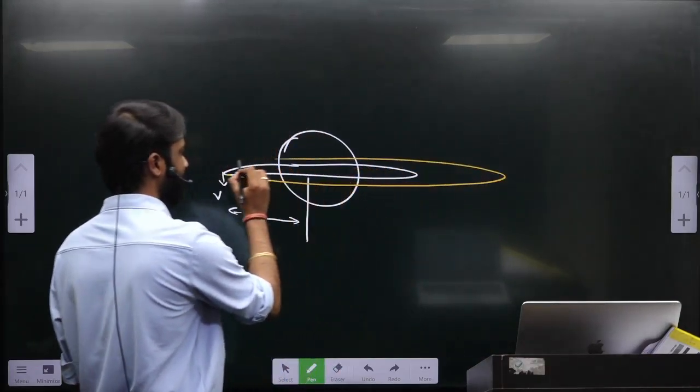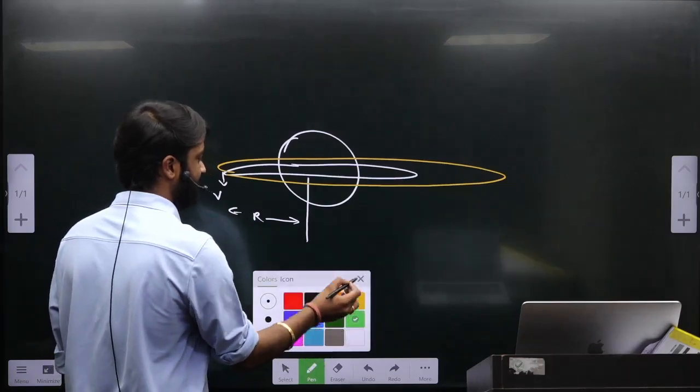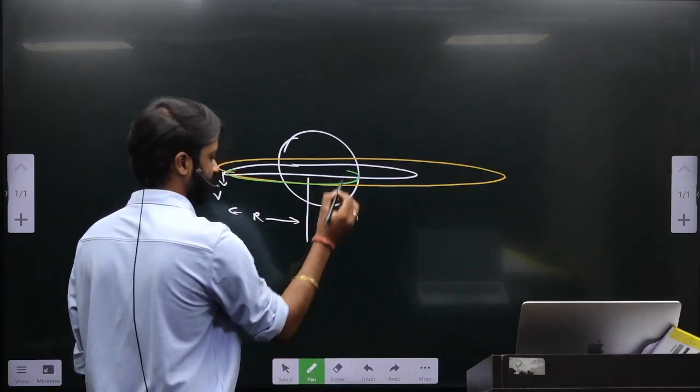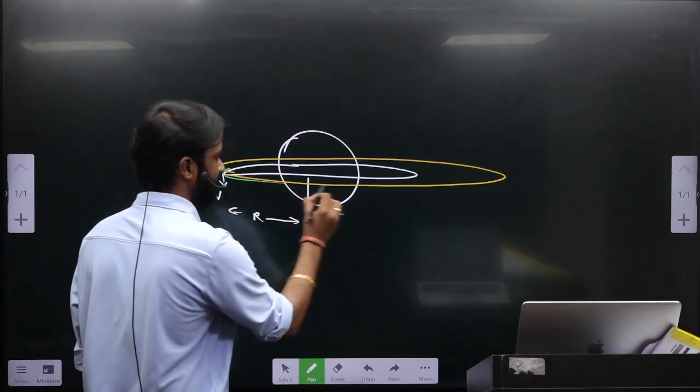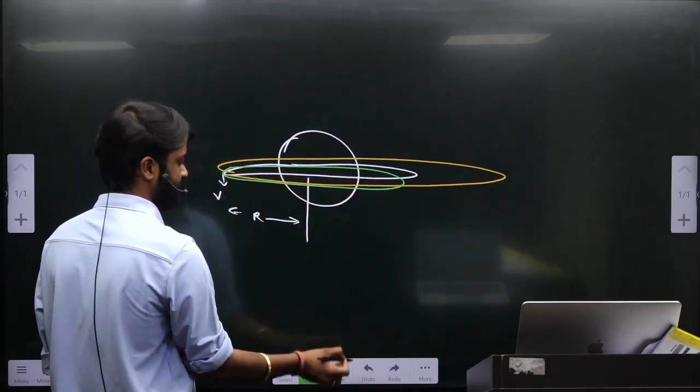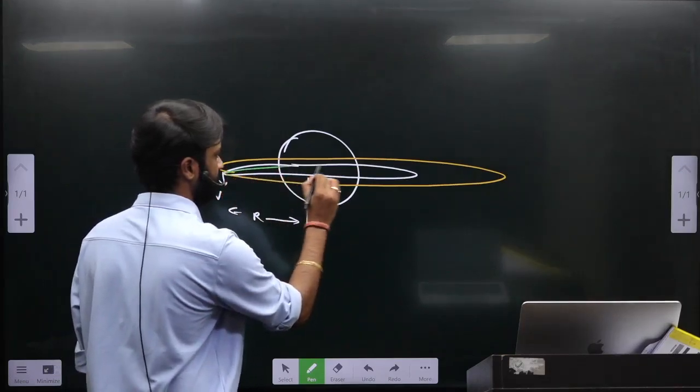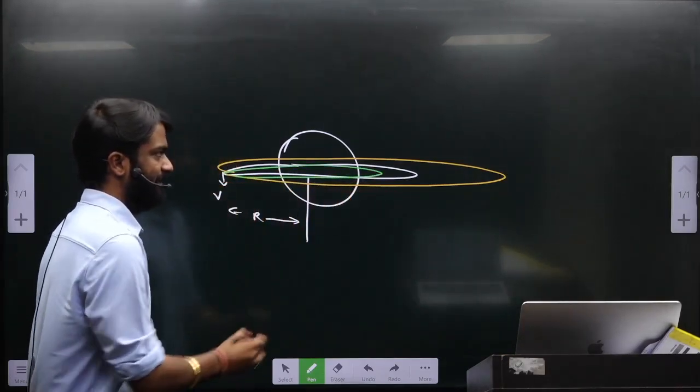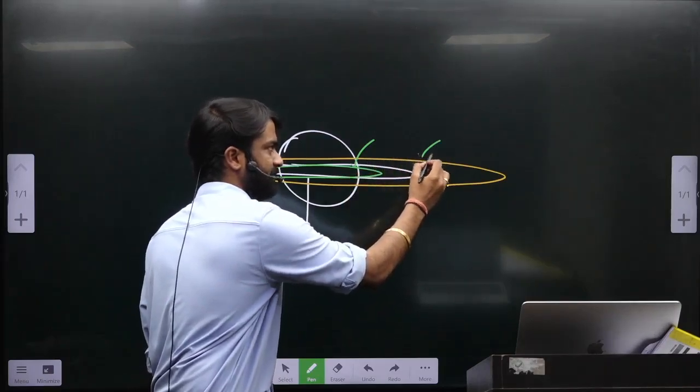Will the radius be increased or will the radius be decreased? Will this be the case or this?